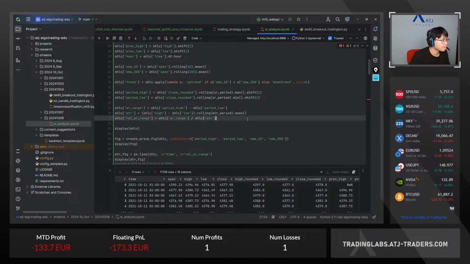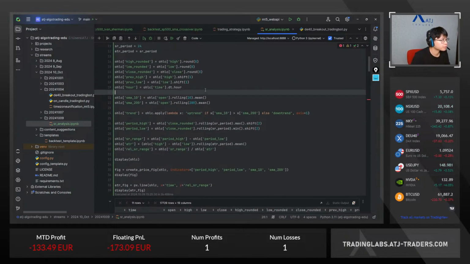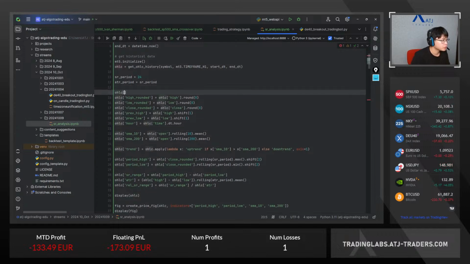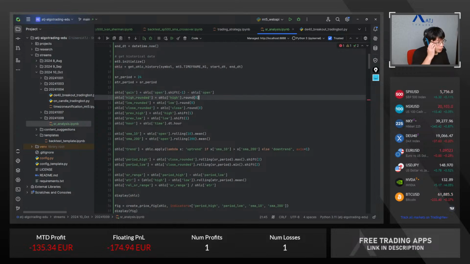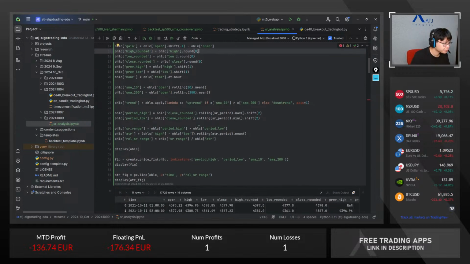So our gain is equal to OHLC open dot shift -1, so we're getting the next open price minus the current open price, and that way we can compute the gain.